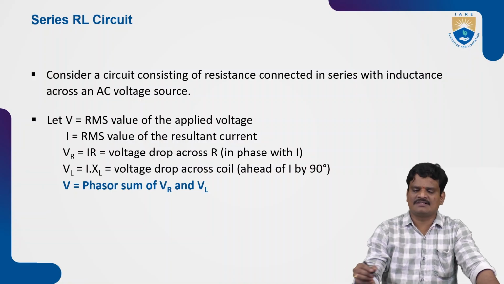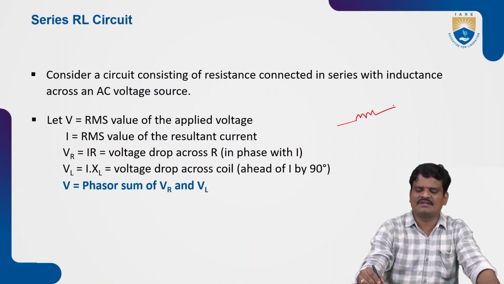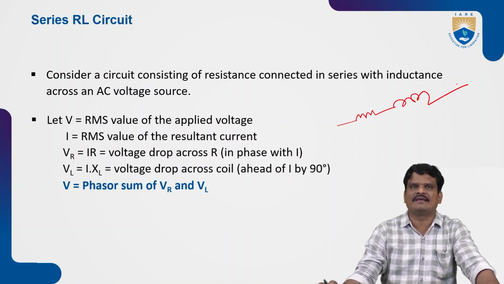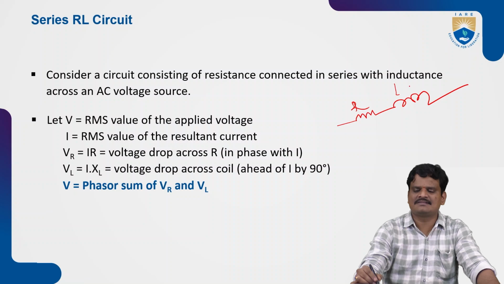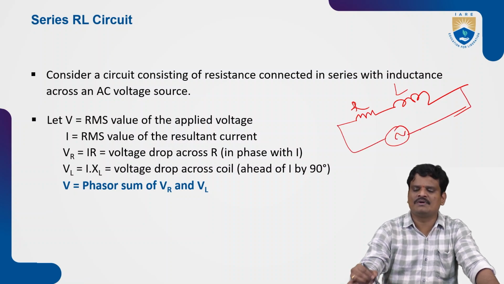The series RL circuit can be represented like this. I am taking a circuit which consists of a resistance R and an inductance L, connected to an AC voltage source. Let me name the AC voltage source as V equal to Vm sin omega t.